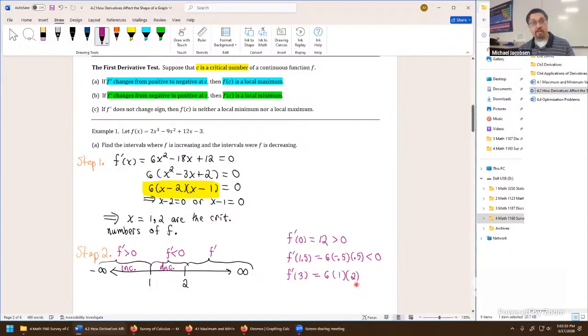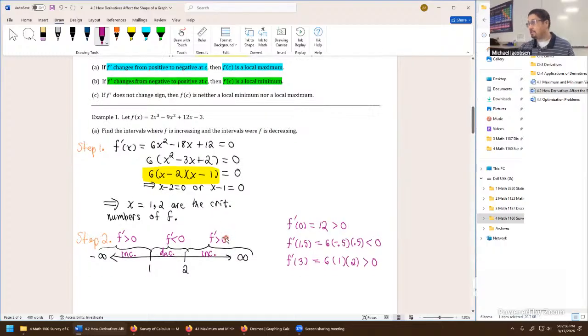It's all positive here, so it is greater than 0, which means the derivative is positive in this entire region. Why is that? Because it only ever hits 0 at 2. If it's positive here, it'll never hit 0 again, flipping to negative. So we just say positive in that entire region, which means the function's increasing in that entire region.